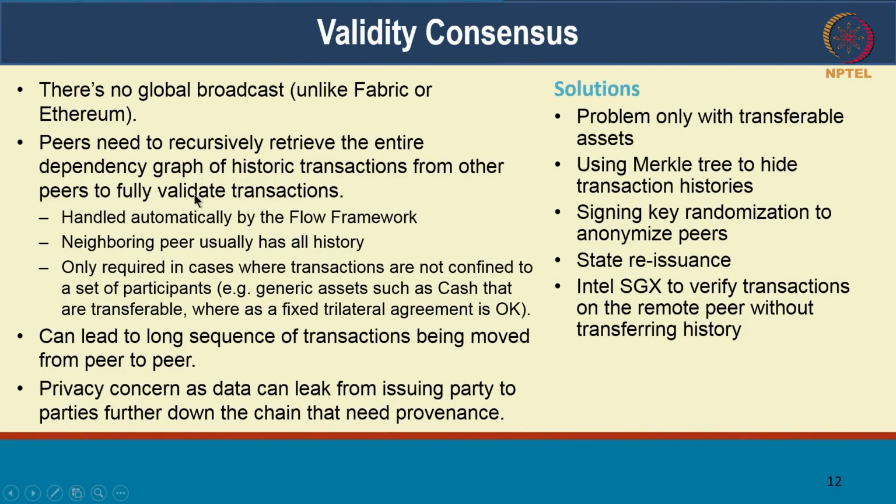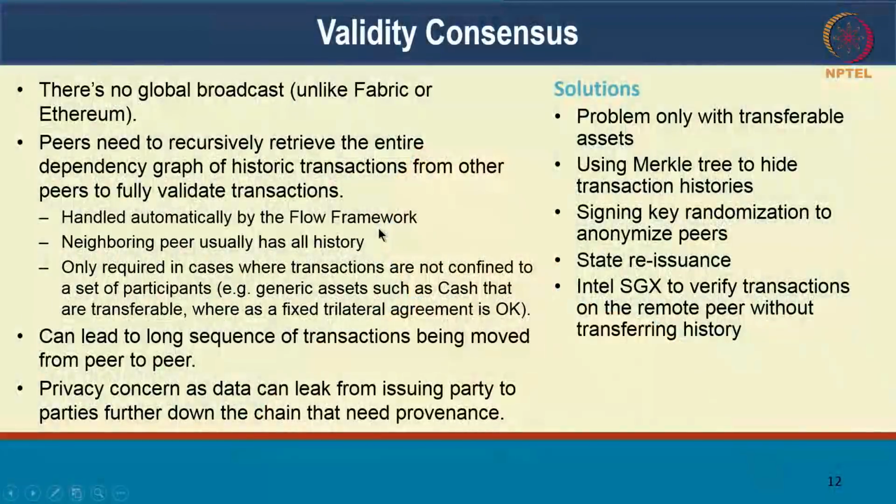But one thing Corda does is that walking the chain and verifying these past transactions is done automatically by the flow framework. The flow framework can fetch all of these transactions and verify them, and that's all automated for you, but it still incurs a computational overhead. By the way, treat this negative as my own perspective here.